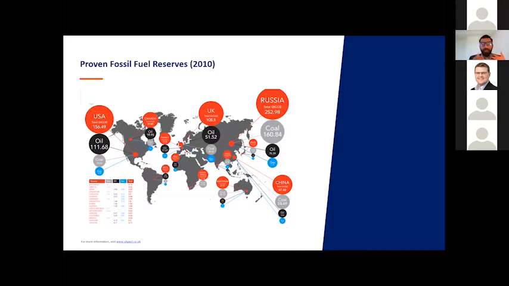If we had to use up all our fossil fuel reserves, we will well overshoot our carbon budget. So we will well go over a 1.5 degree, 2 degree, even 3 or 4 degree warmer society, which is not good for our planet. It's not good for society.